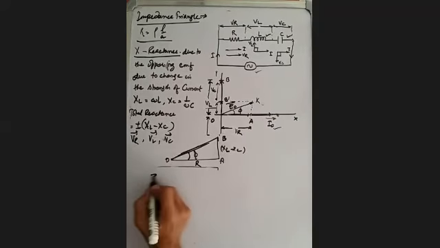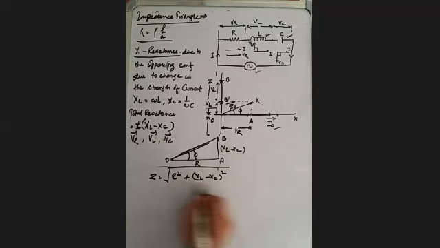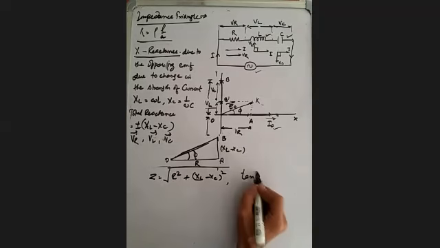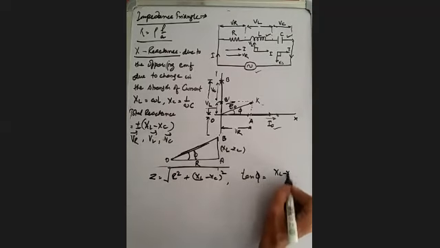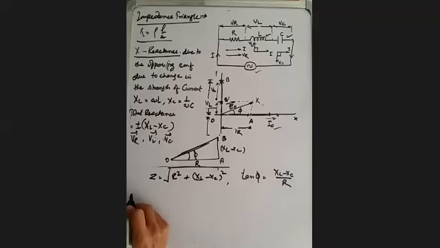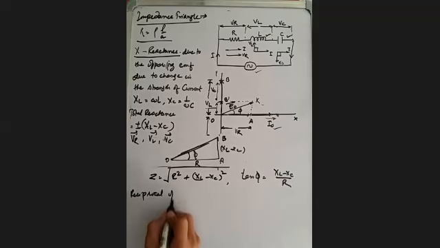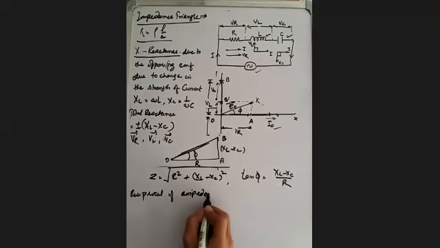So Z we got as square root of R square plus XL minus XC whole square, and tan phi we got XL minus XC upon R. And now reciprocal of impedance is called admittance.